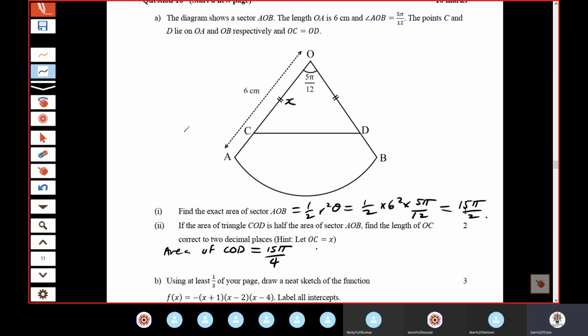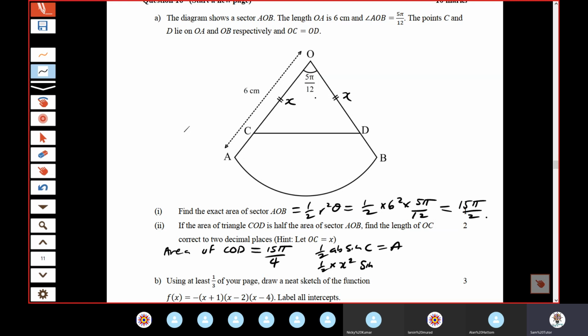The area of a triangle formula is half ab sine C, which equals the area: half times x times x times sine 5 pi on 12. Be careful, if you're going to sub in 5 pi on 12, make sure your calculator is in radian mode.